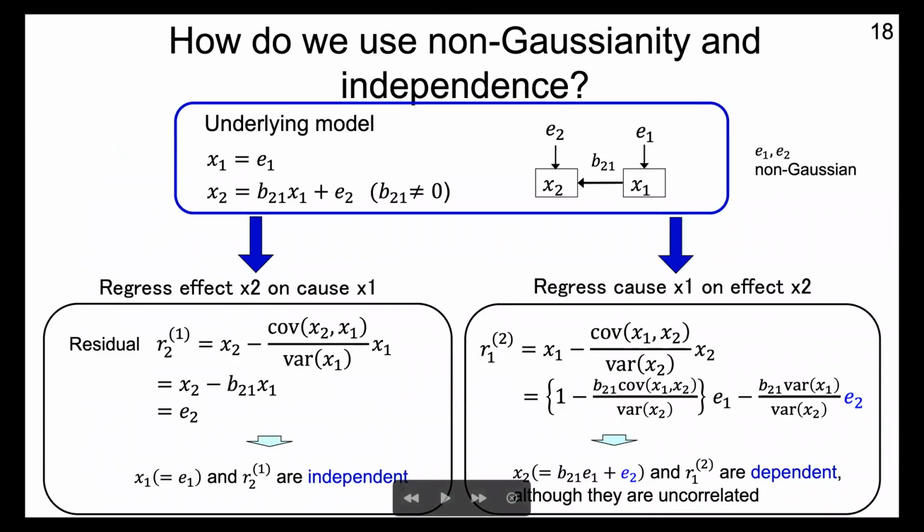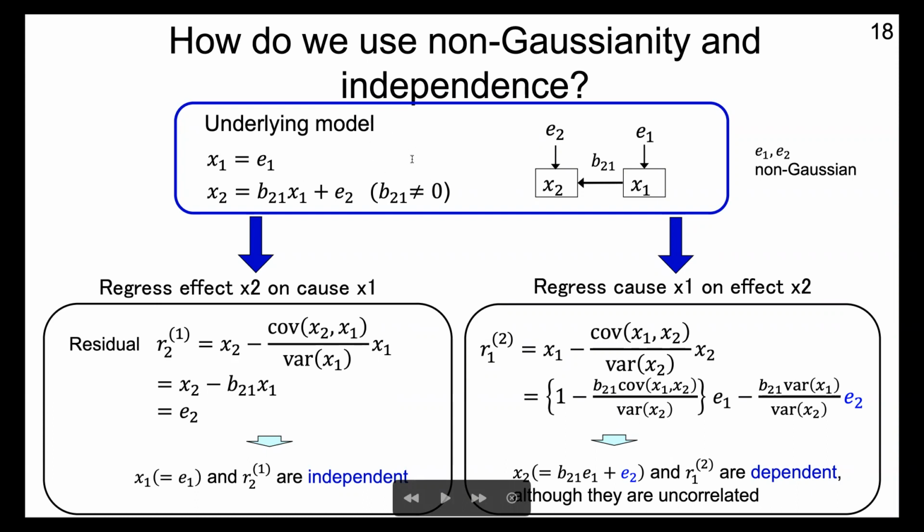Okay, so now I will explain how we use non-Gaussianity and independence in more detail. First, let's assume that the underlying model is the model in this blue box.